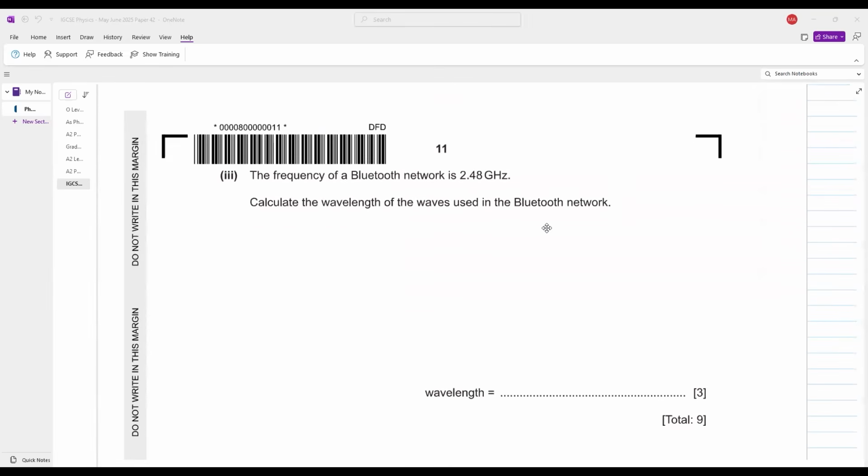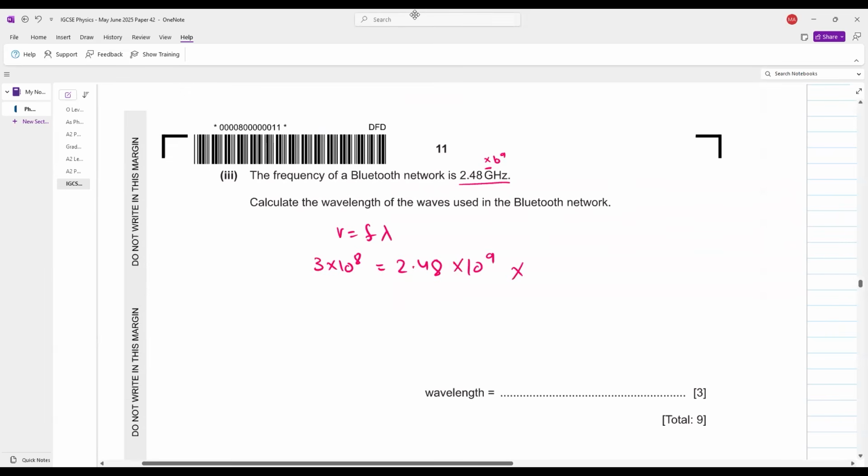The frequency of the Bluetooth network is this. अच्छा जी, ये frequency of the Bluetooth network आ गया. Calculate the wavelength of the waves. You will say v = fλ. Velocity क्या है? 3 into 10 raised to the power of 8. फ्रीक्वेंसी क्या है? 2.48 गीगा हर्ट्ज. गीगा का मतलब क्या होता है बेटा? 10 raised to the power of 9. You have to calculate the wavelength lambda.